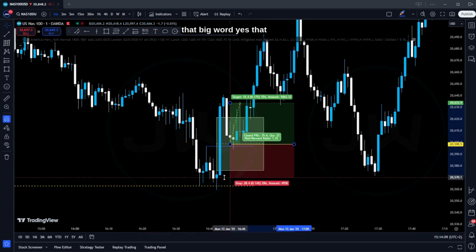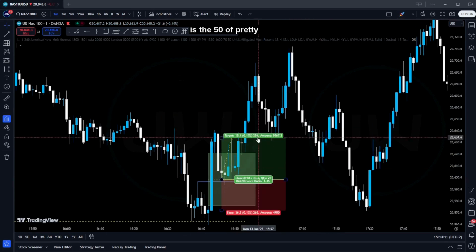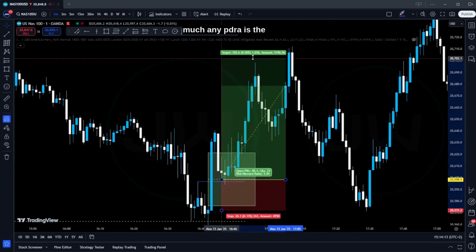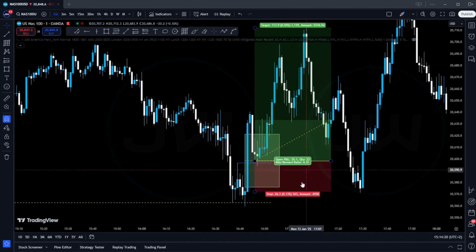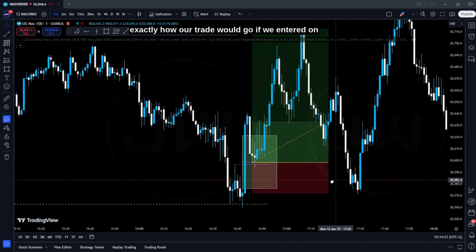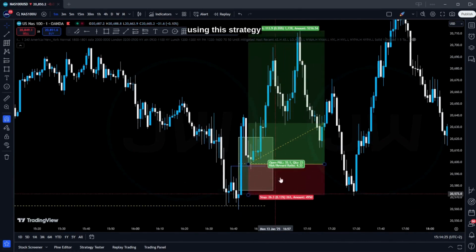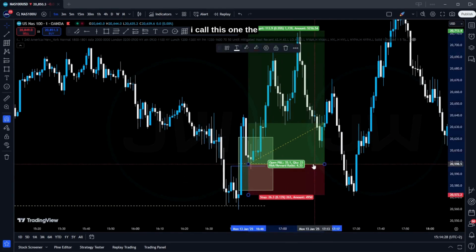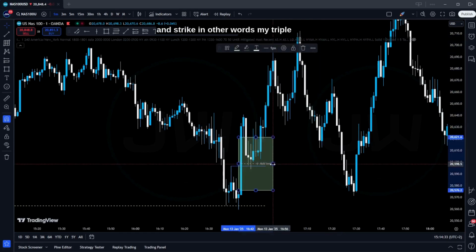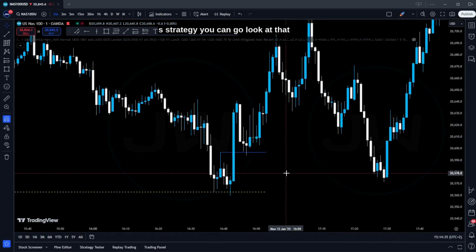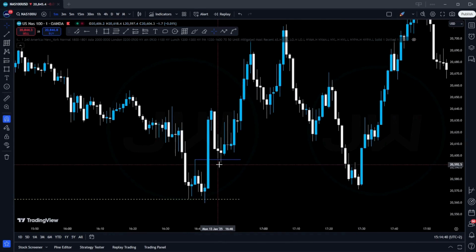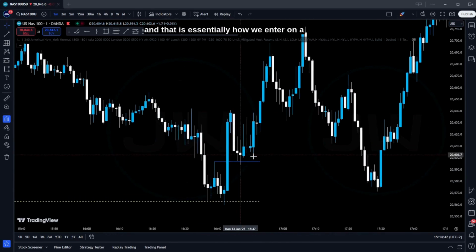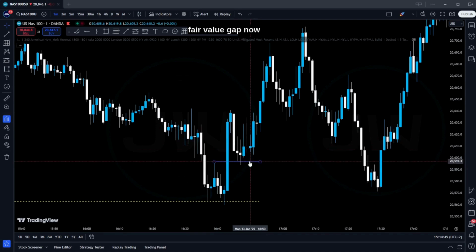If you remember that big word, yes, that is the 50% of pretty much any PD array. That's exactly how our trade would go if we entered using this strategy. I call this one the sweep, shift, and strike. In other words, my triple S strategy. You can go look at that link, of course, in the description. And that is essentially how we enter on a fair value gap.